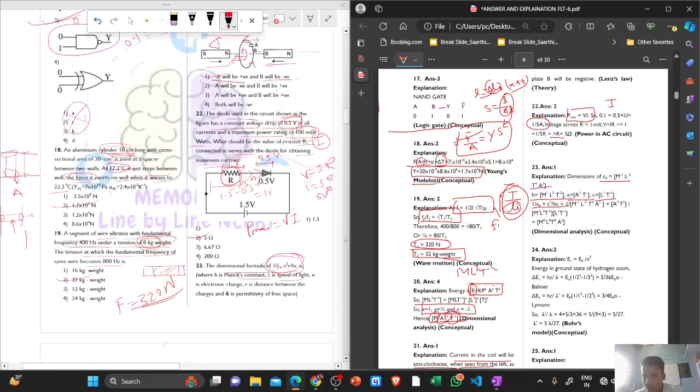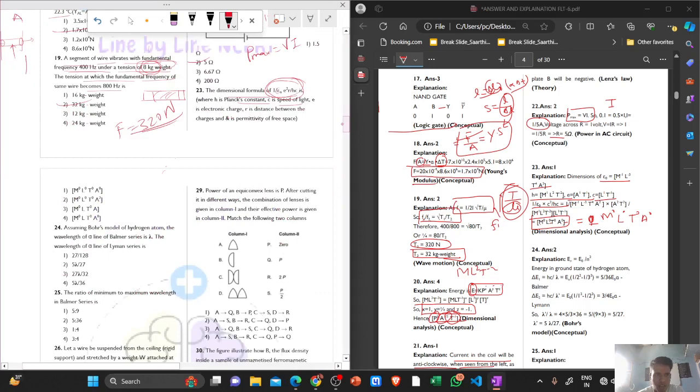Putting these values in the expression, we get the final result independent of M, L, T, meaning it is a dimensionless quantity: M to the power 0, L to the power 0, T to the power 0. So you can see the option that correctly represents it is M0 L0 T0.